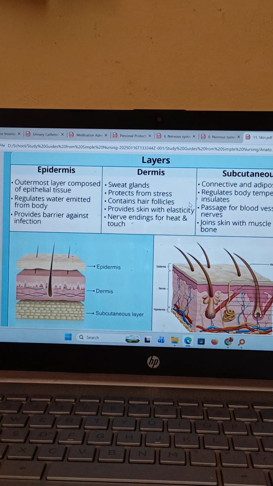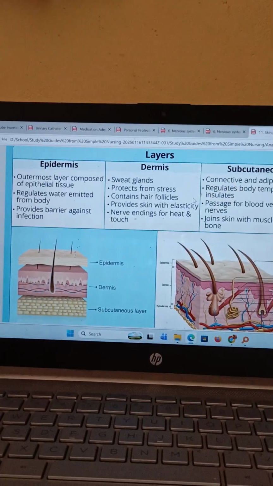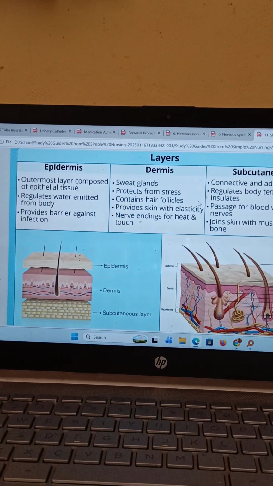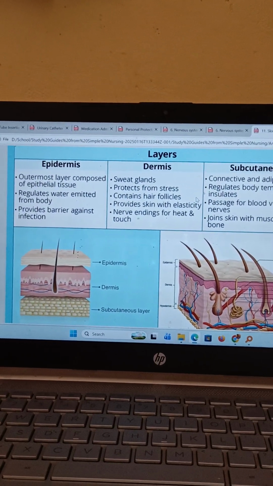Apart from that, the dermis contains hair follicles. It also provides skin with elasticity. Then it contains nerve endings for heat and touch. For us to have those senses, we need the nerve endings, which are found in the dermis layer.